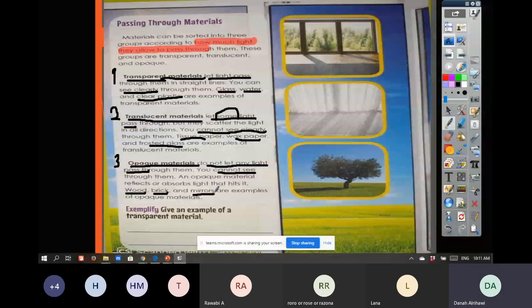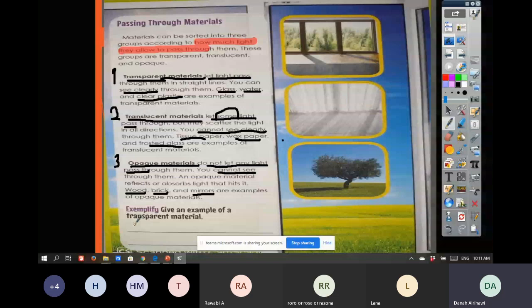Now I want an example of a transparent material. We can see everything very clearly now because you use a transparent material. Which material do we use now?